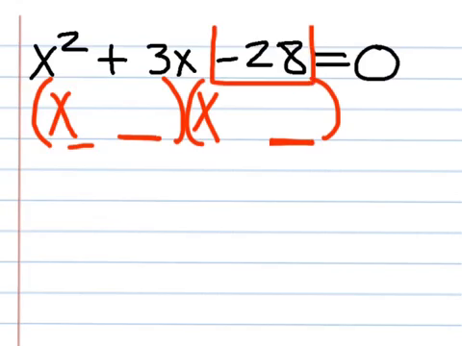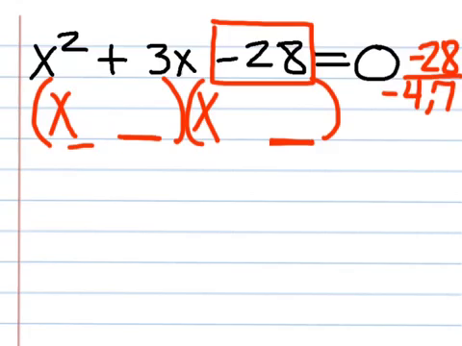We look at our last number in our equation, which is negative 28. We want to find the factors of negative 28, the two things that we need to multiply together that will give us negative 28. What two numbers can we multiply together? Negative 4 and 7, 7 and negative 4, negative 28 and 1, 1 and negative 28, negative 14 and 2, and 2 and negative 14.